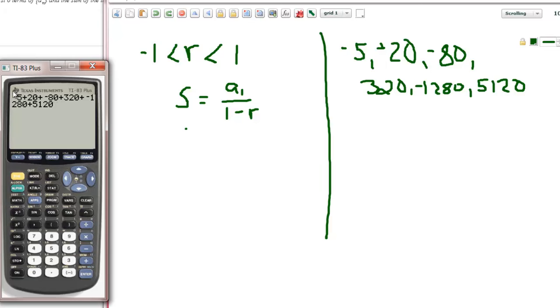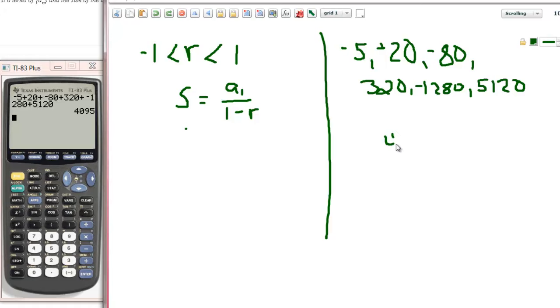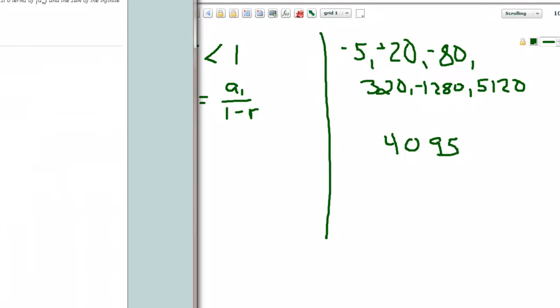All right, negative 5, 20, negative 80, 320, negative 1280 plus that. Okay, here we go. So 4095. Next it says, what is the sum of the infinite series containing all of C of n?